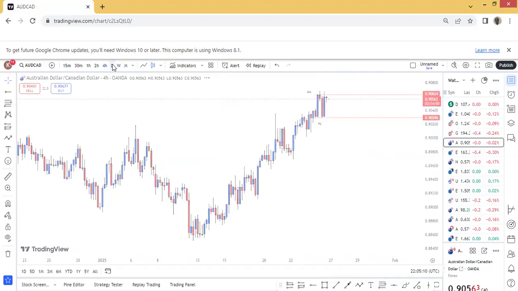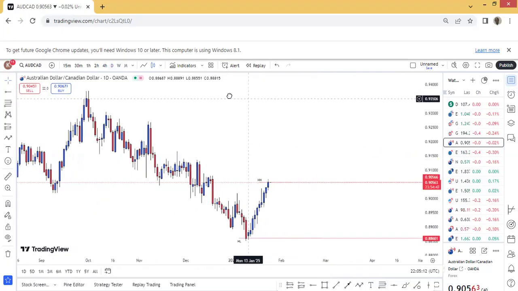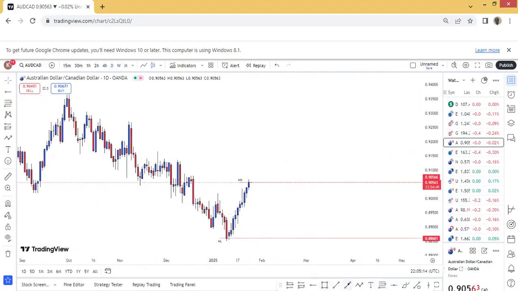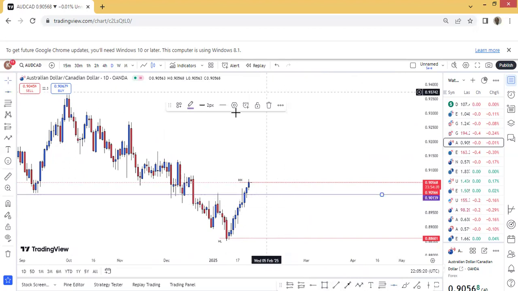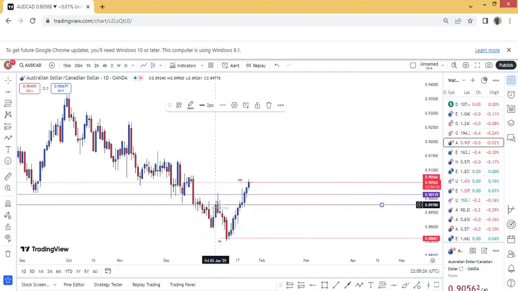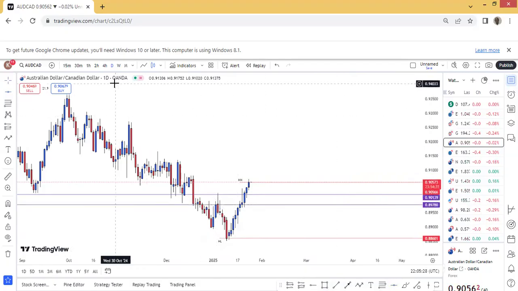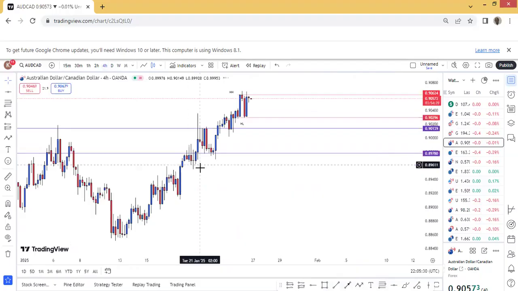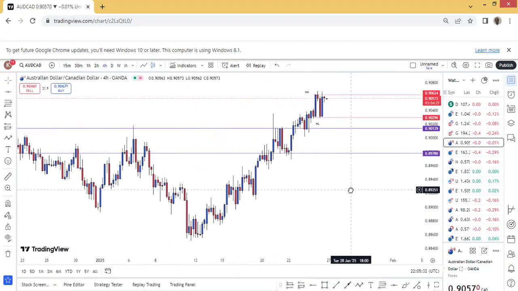Now let's come to the daily and find our key levels from where we think we can buy. So this one, and this is 2. And anytime we do this, we come to the 4 hours and then we look at it well.